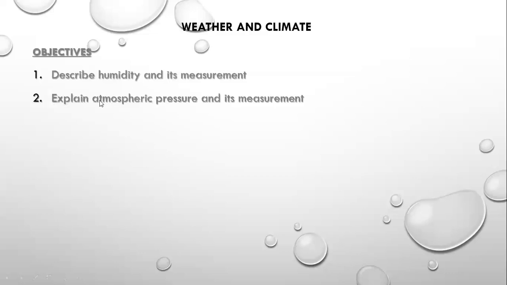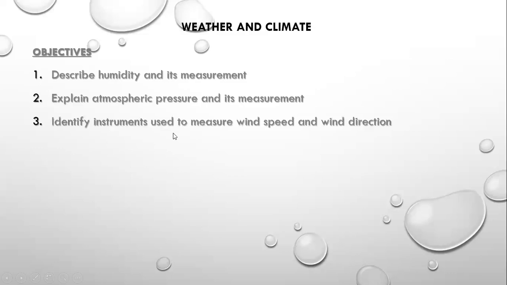I also want us to explain atmospheric pressure and its measurement. We also identify the instruments used to measure wind speed and wind direction. I also want us to describe sunshine and its measurement. We also discuss cloud cover. So these are the main objectives that I want us to achieve by the end of the lesson.